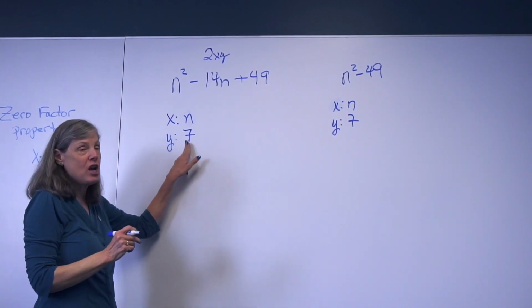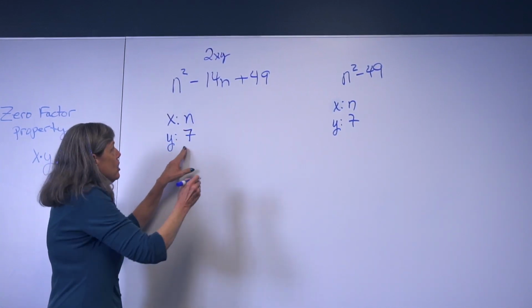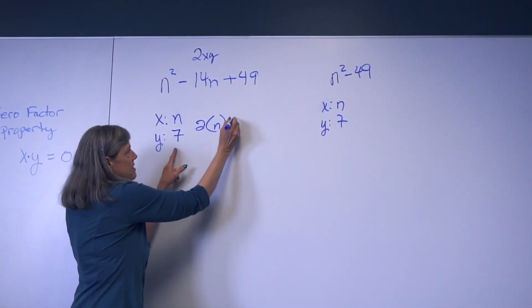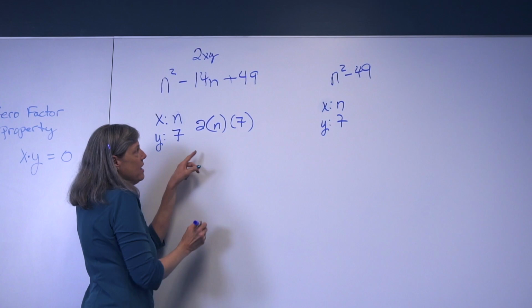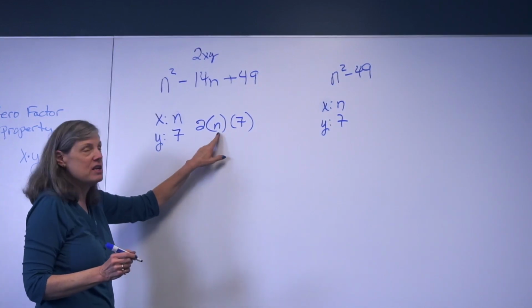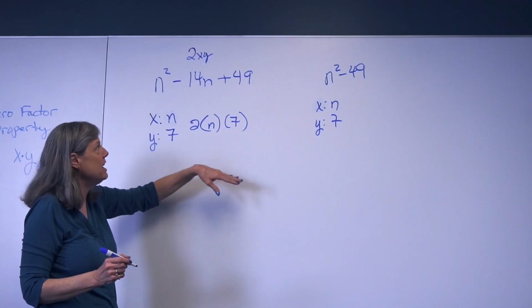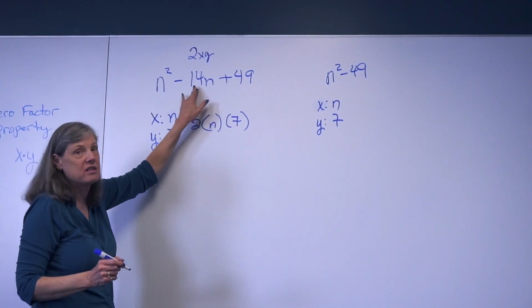So I need to check that middle term first. So I'm going to go 2 times my x times my y, multiply these up. So 2 times n is 2n, and 2n times 7 is 14n. And that's what this is.